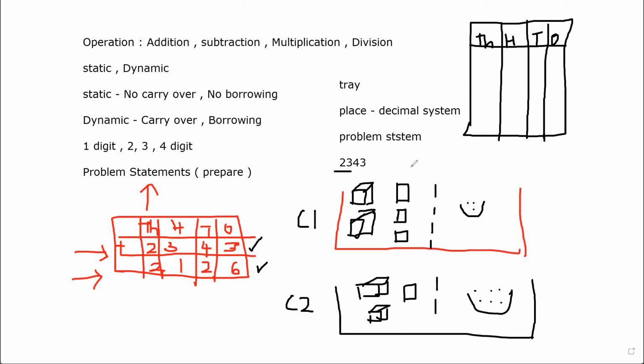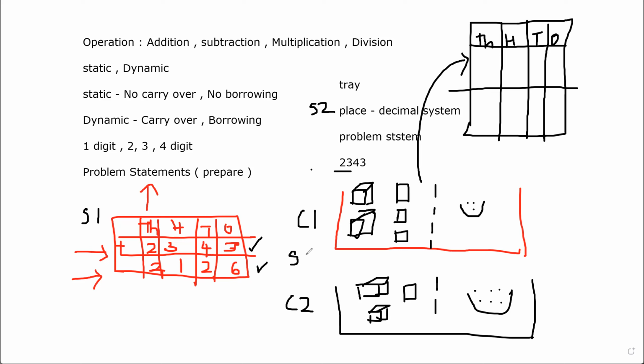Okay, so they will transfer completely this quantity over here. Thousands will be placed here, hundreds will be placed here, tens will be placed, and ones will be placed. Now you do the same thing for the second number also. Everything goes here. Now what would you do the next step? This is your step 1. Step 2, collect your trays.